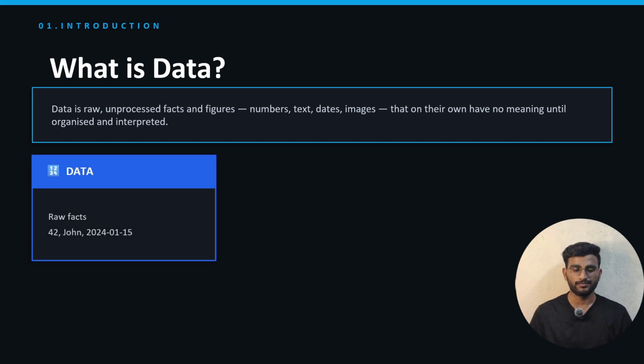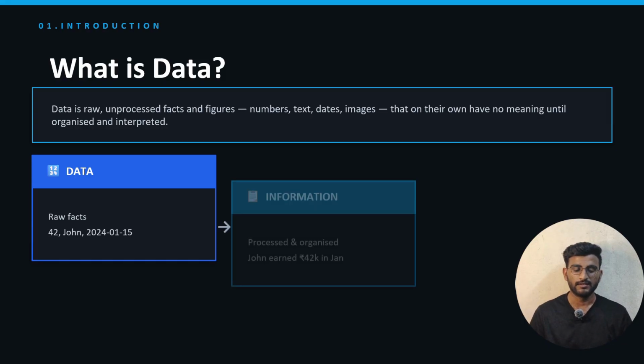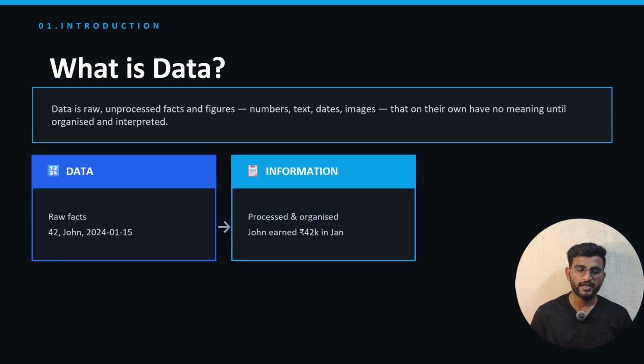Let's take for example 42, John, we have 2024 and a date. Now we need to convert this data into information. What we do is we process and organize them, like John and 42K in January. So now it's the same data, but organized and processed so that we can understand.